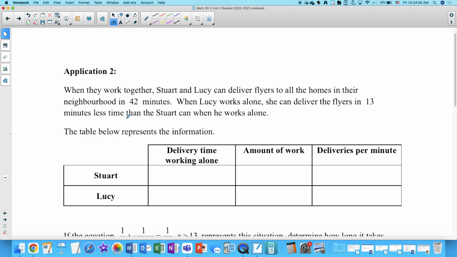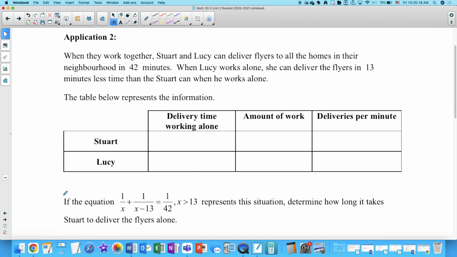So let's look at this question first. When they work together, Stuart and Lucy can deliver flyers to all of the homes in their neighborhood in 42 minutes. If Lucy works alone, she can deliver the flyers in 13 minutes less time than Stuart can when he works alone. The table below represents the information, and we're actually going to fill this out together.